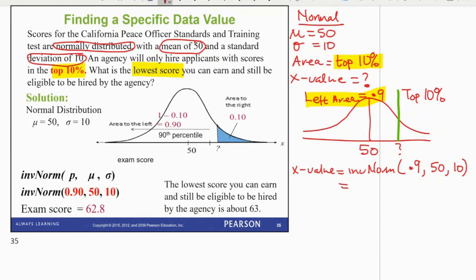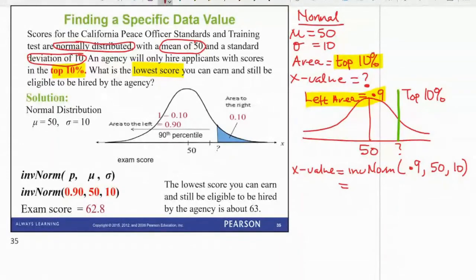And let's see, someone do the calculation. Let's see what you will get. Anyone doing the calculations for us? Okay, Isabel. I got 62.82.